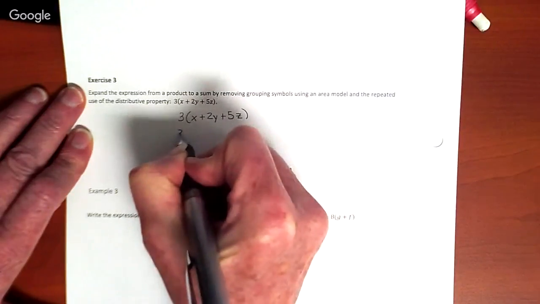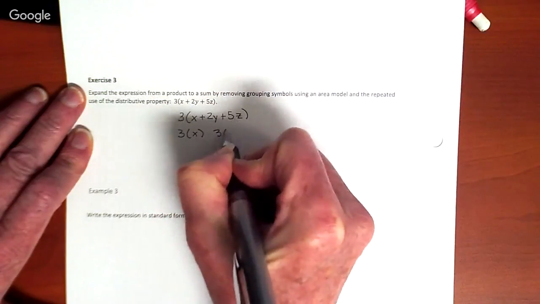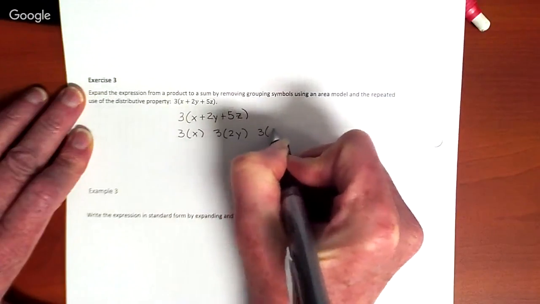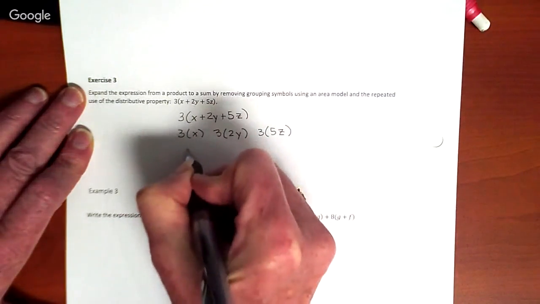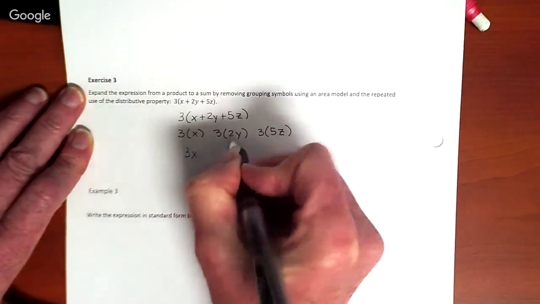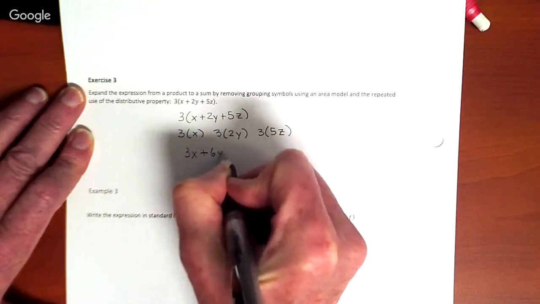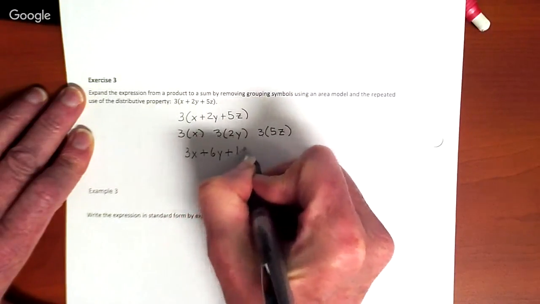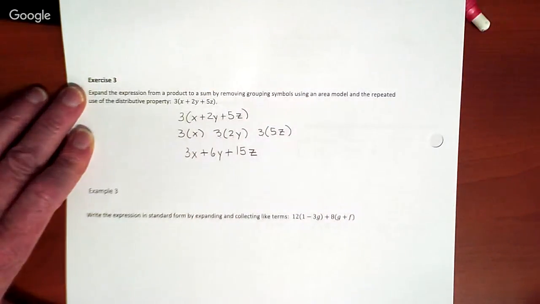So we have 3 times x, 3 times 2y, and 3 times 5z. So we have 3x. 3 times 2 is a positive 6y. And 3 times 5 is a positive 15z. And that would be my answer.